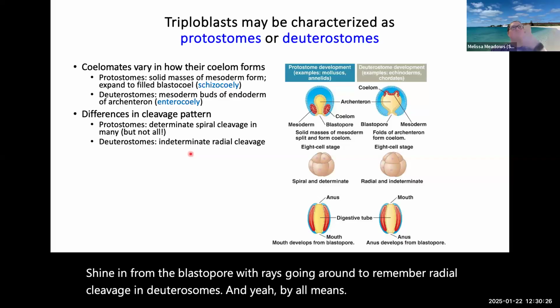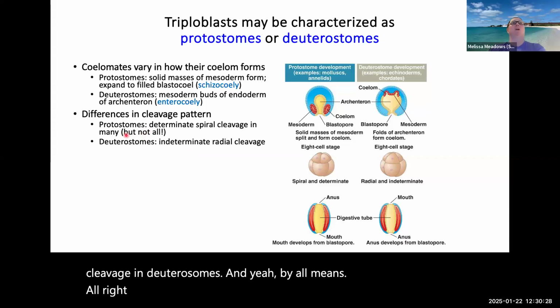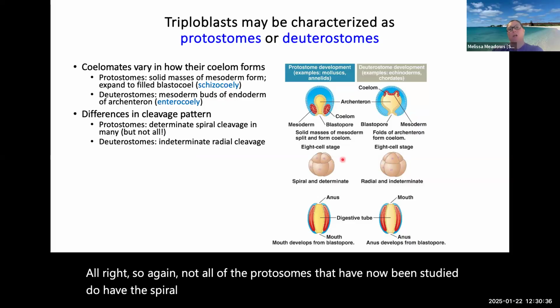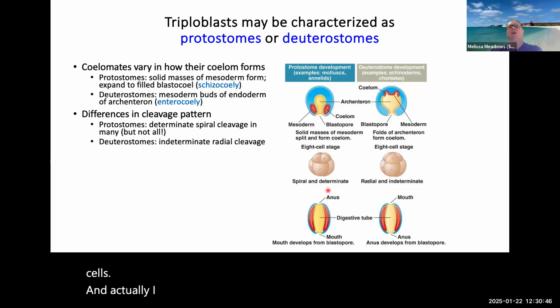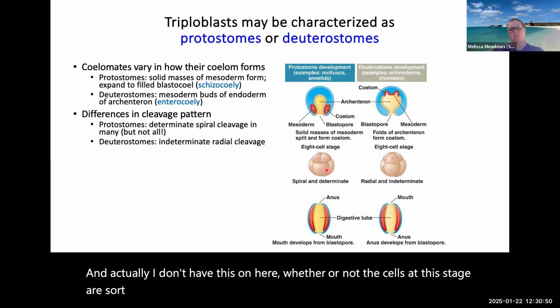All right, so again, not all of the protostomes that have now been studied do have this spiral cleavage. The other difference is in whether or not the cells, and actually I don't have this on here, whether or not the cells at this stage are sort of predestined in terms of what they're going to turn into.